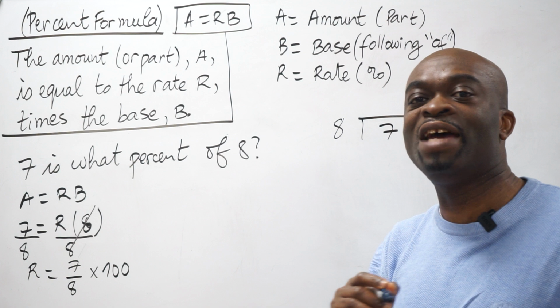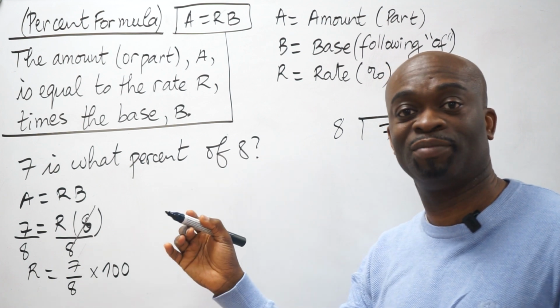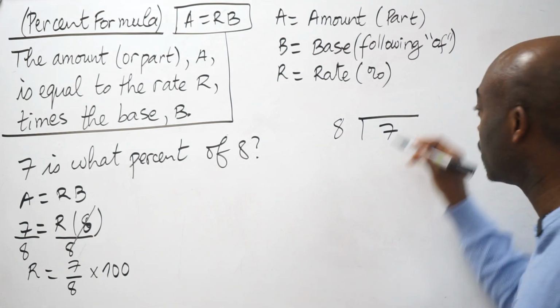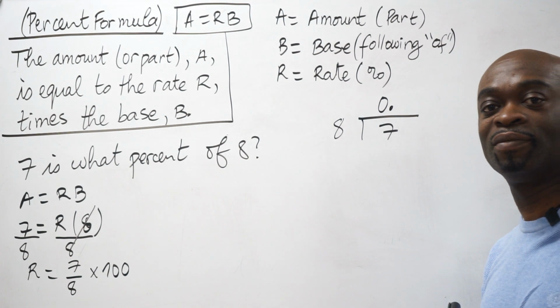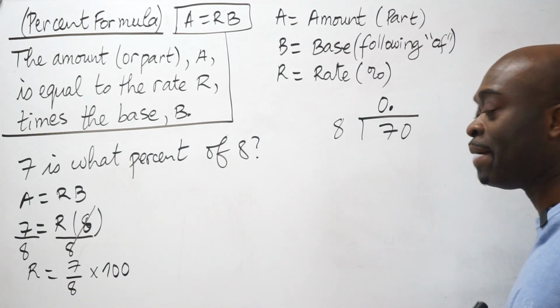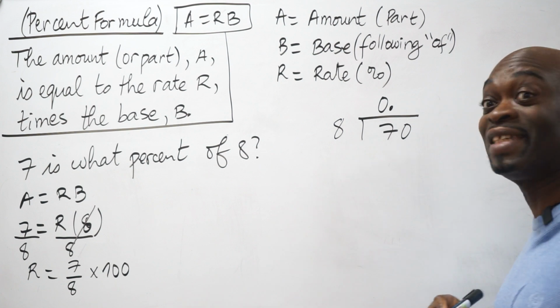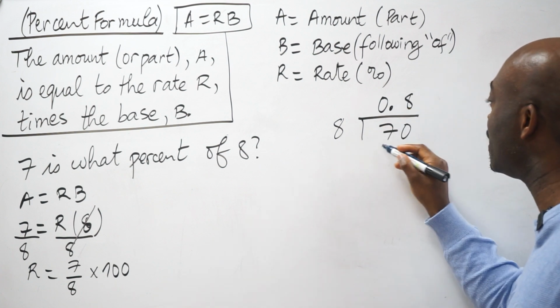It's going to be 0 point something. So 8 goes into 7 how many times? 0 times, and then we place our decimal point. We add a 0 to the 7, so 8 now goes into 70 how many times? 8 times. 8 times 8 is 64.